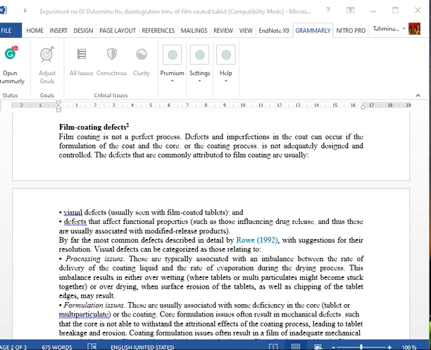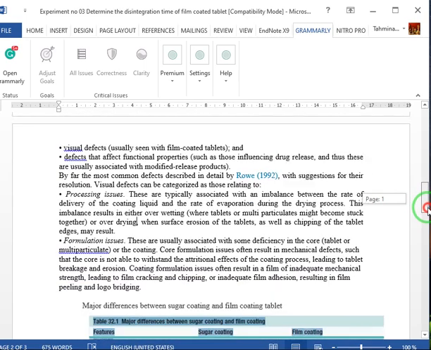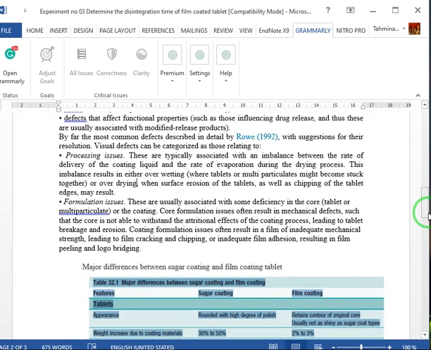The second category described by the board is formulation issues. These are usually associated with some deficiency in the core of the tablet or multi-particulate, or the coating.